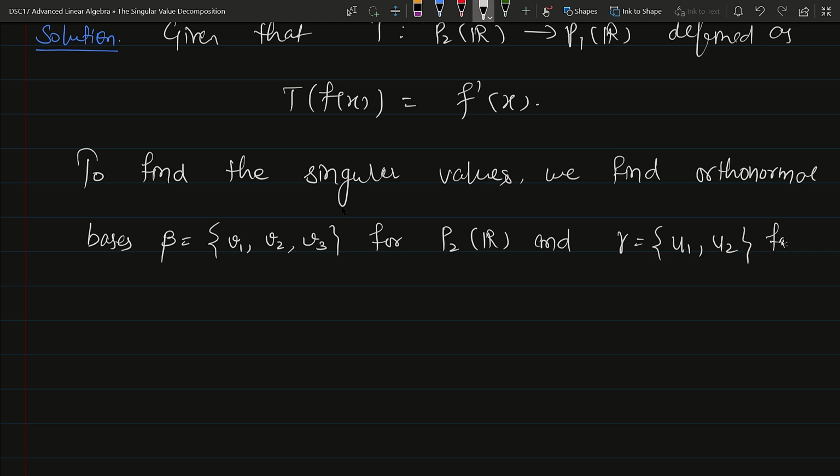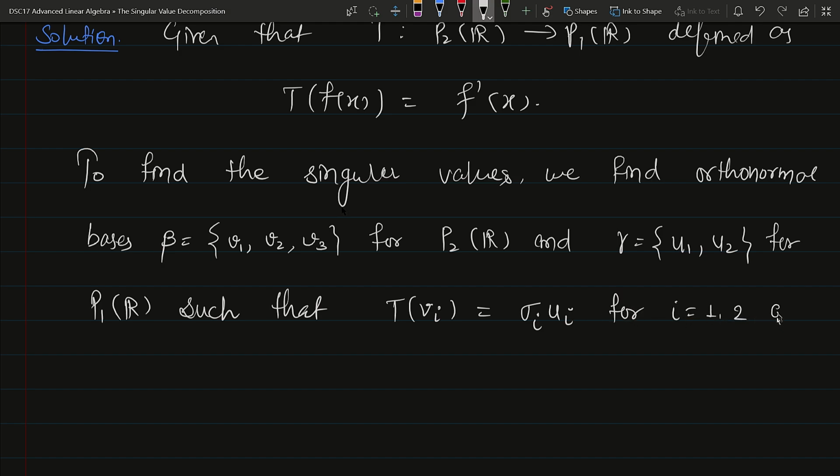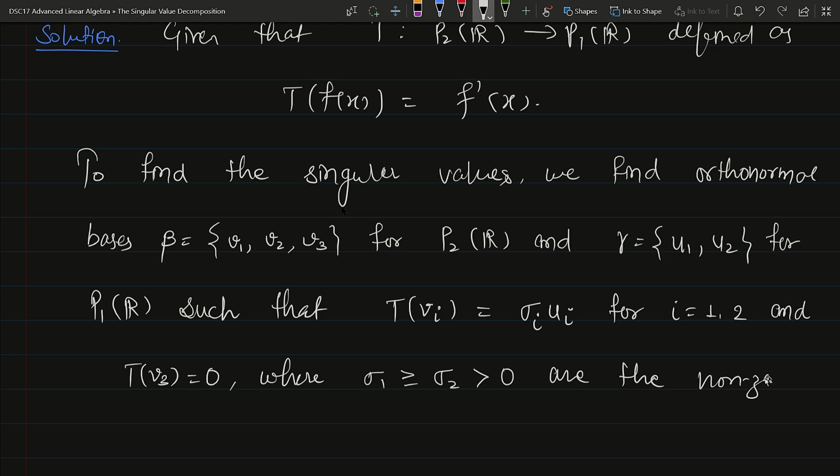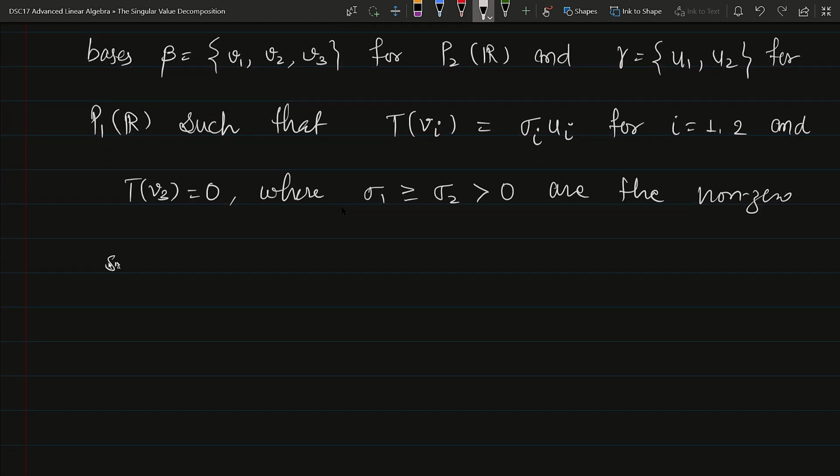Okay, for P1(R) such that T of vi is equal to sigma i ui for i equal to 1 and 2, and T of v3 is equal to 0, where these sigma 1 greater than or equal to sigma 2 strictly greater than 0 are the non-zero singular values of T. ठीक है, तो हमें ये सिग्मास को आइडेंटिफाई करना है, ठीक है, जिससे कि T of vi को हम इस पर भेज सके.